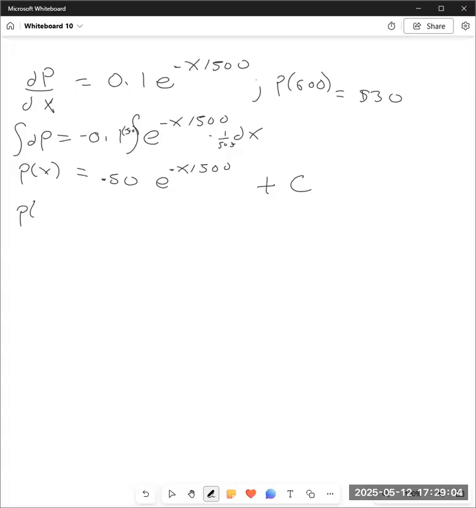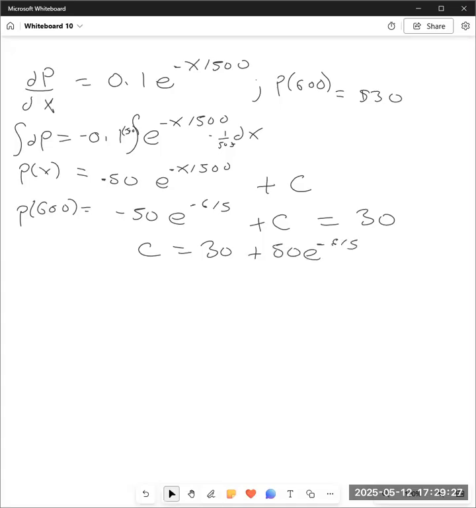P of 600 is equal to negative 50 e to the negative 6/5 plus c, and that needs to be equal to 30. So c is going to be 30 plus 50 e to the negative 6/5.